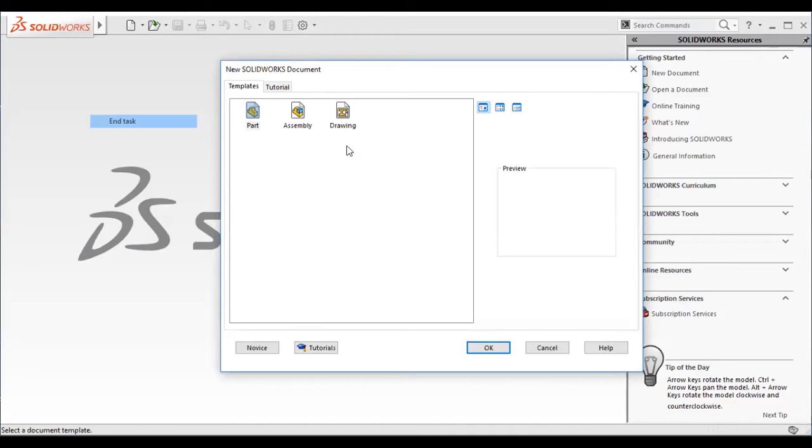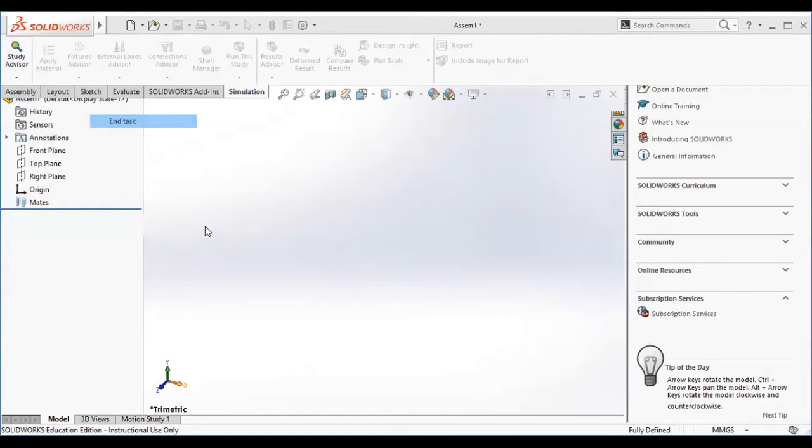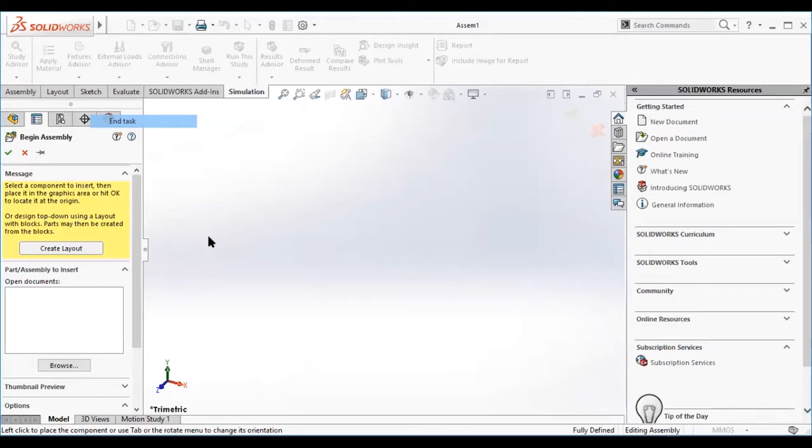You can practice it yourself, or use those models for your analysis as well. I will start with an assembly, and I already have created the parts which I am going to assemble. By the way, this screen is visible to all? Great, good.